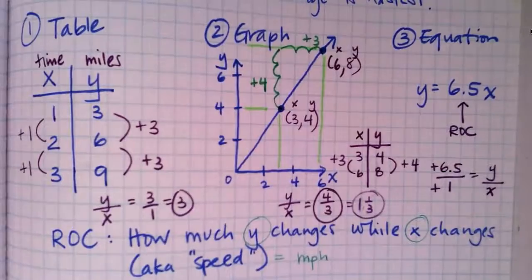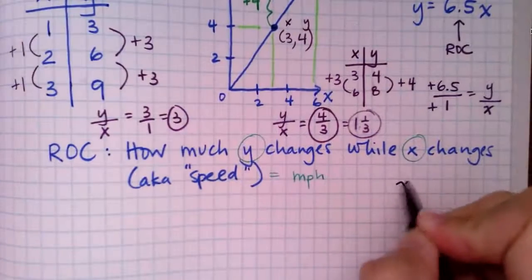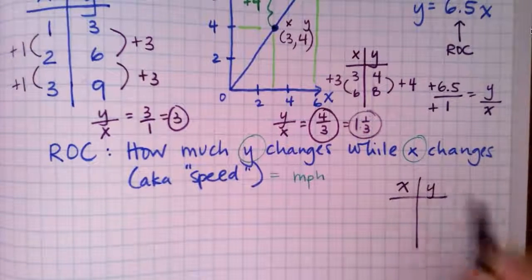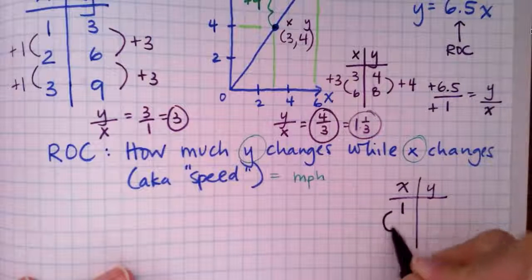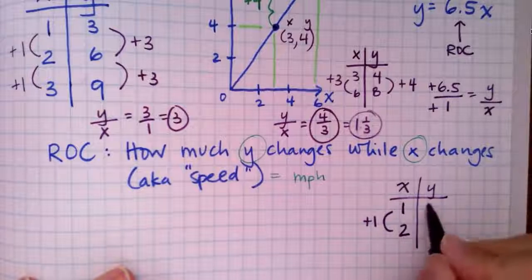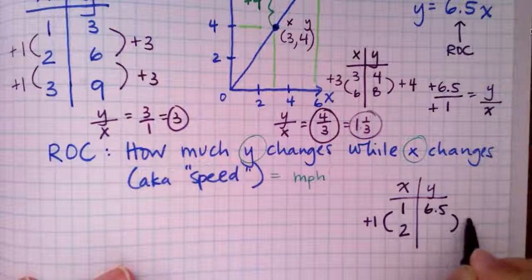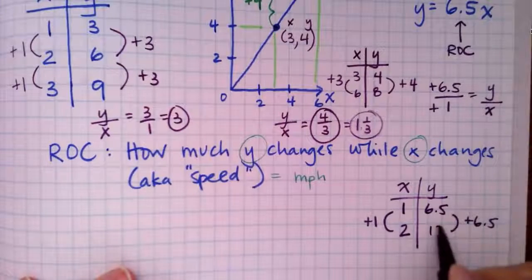So if I wanted to make a table of values for 6.5, I would just have to make sure that it's going up by 1 for the x. So from 1, it would go to 2. And then it would have to go up by 6.5 for the y. So this would be 13.